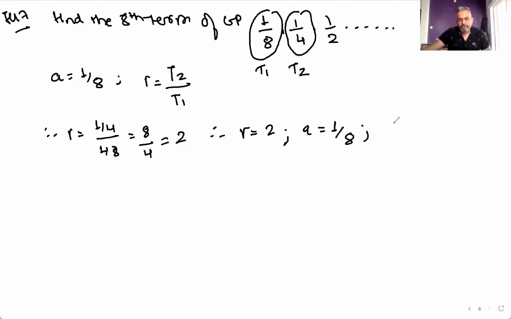We have to find the 8th term. So T8, where Tn is equal to A into R raised to n minus 1.